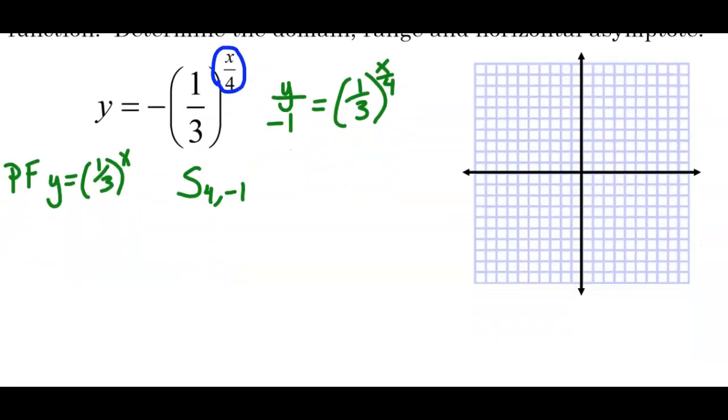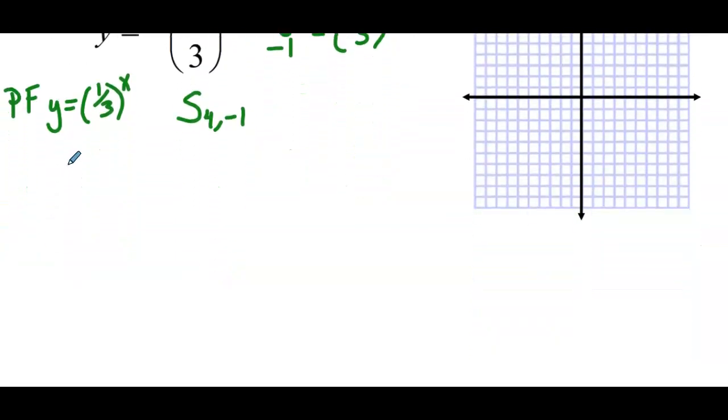First, we need to create our table of values. So we have x and we have y. We'll go -2, -1, 0, 1, 2. We can always add points if we need, but we're multiplying x by 4, so I'm not going to go too crazy with this table of values.